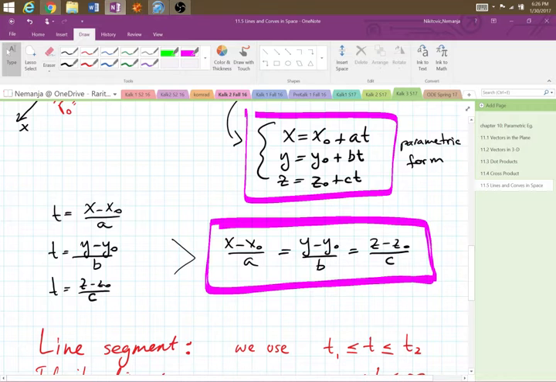When we write a vector form like that, a vector valued function, it's just three different ways to write the same thing.